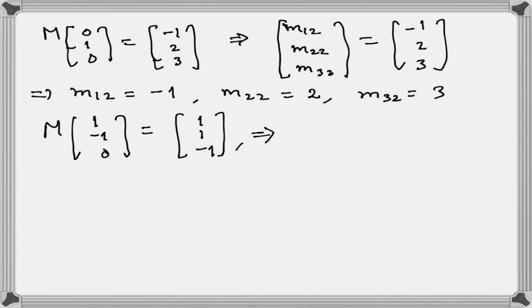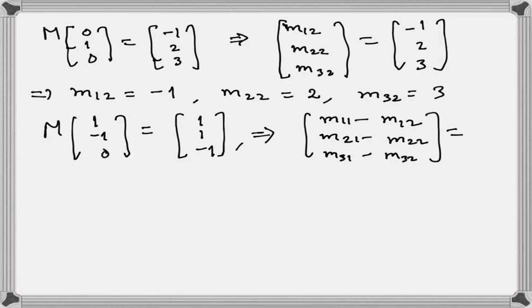If you multiply M with (1, minus 1, 0), then you get M11 minus M12, M21 minus M22, M31 minus M32, which is equal to (1, 1, minus 1).